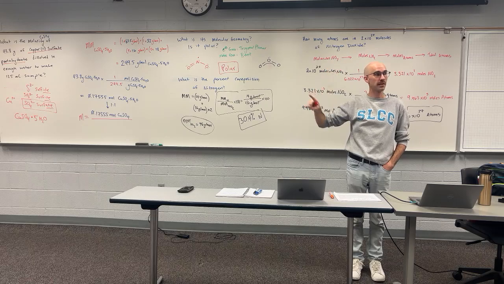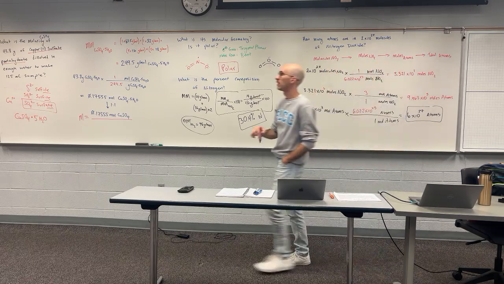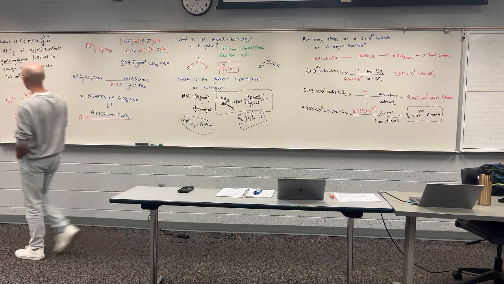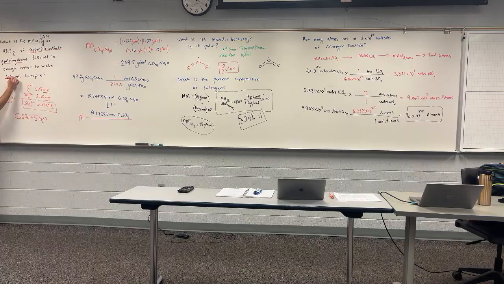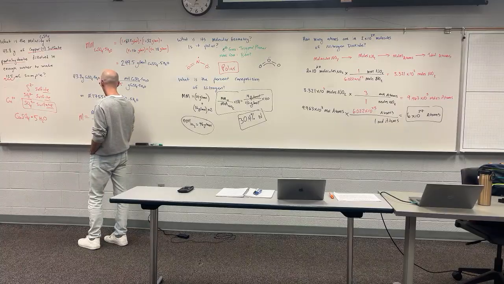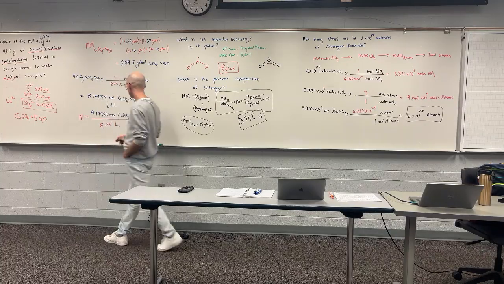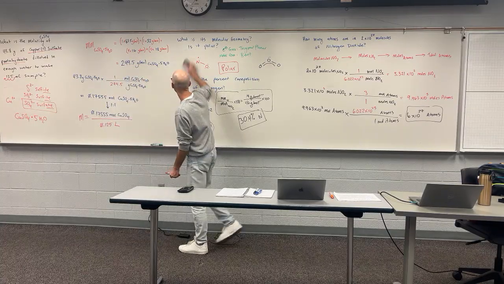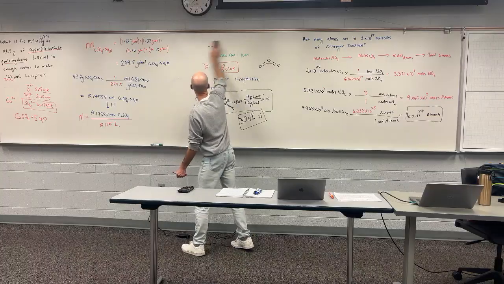So I'm going to go from big number to small number. I'm going to take my big number, and I'm going to move the decimal place to the left 3 times. I'm going to divide by 1,000. Divided by 0.125 liters.